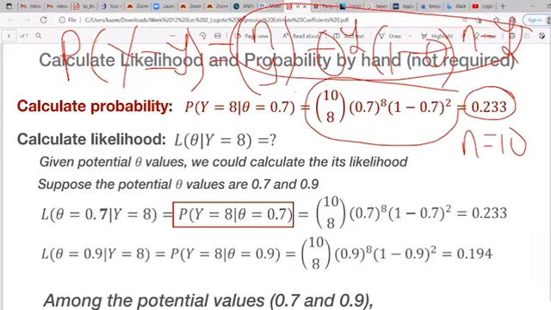So 0.233 is the probability that when you toss a coin 10 times, the number of times heads shows up is going to be 8, given that the probability of getting heads is 0.7. That is what I just figured out.